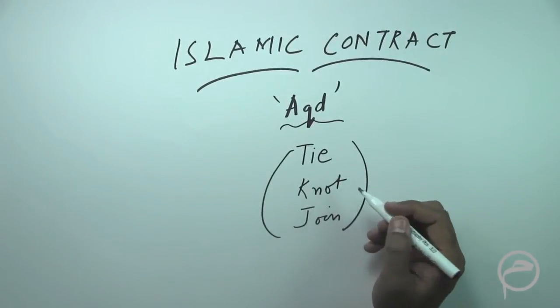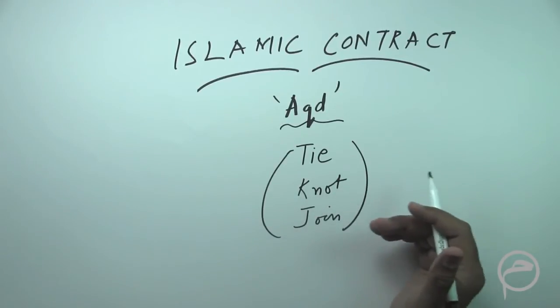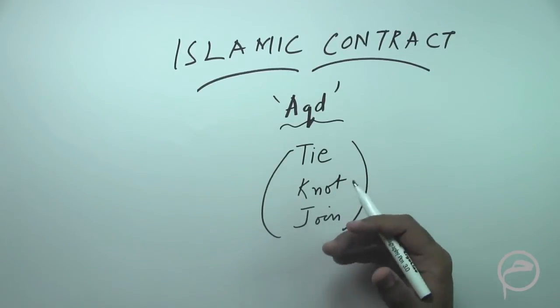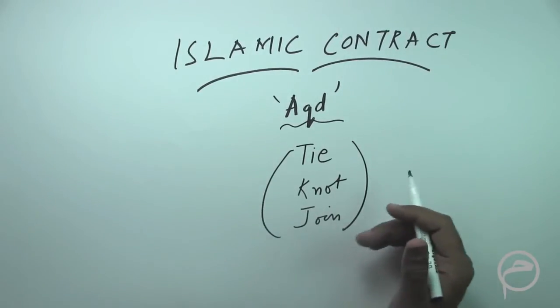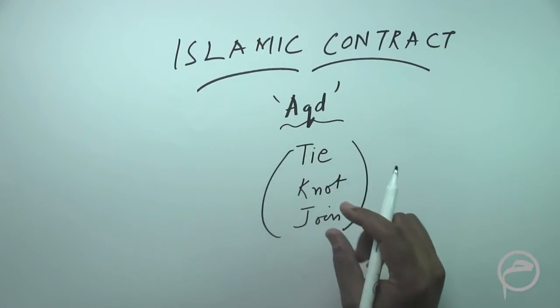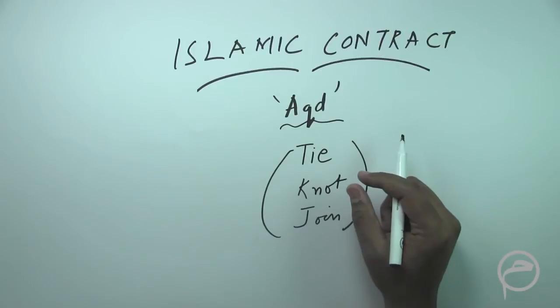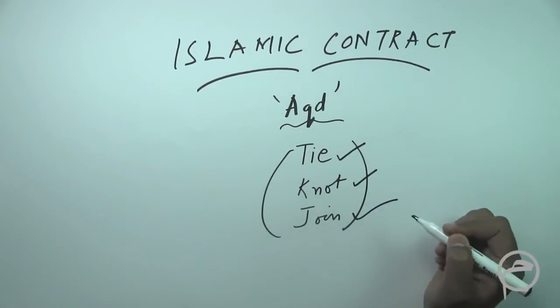So basically what we are trying to explain is that in a contract there is an agreement between both parties. A kind of relationship gets developed between two parties, and that's why this is the terminological definition of this word: to tie, to knot or to join.